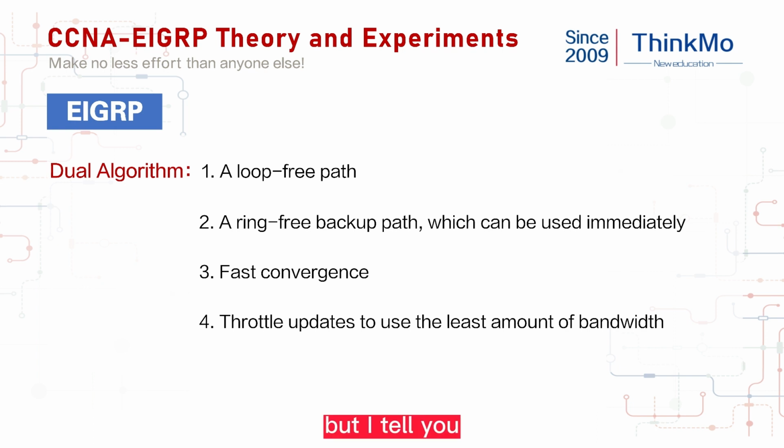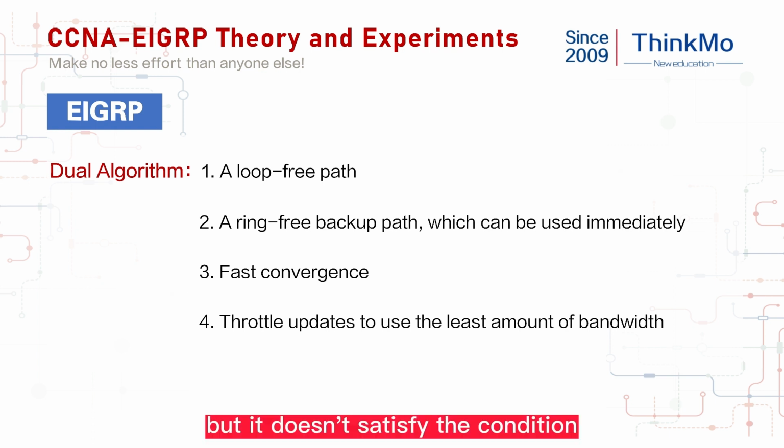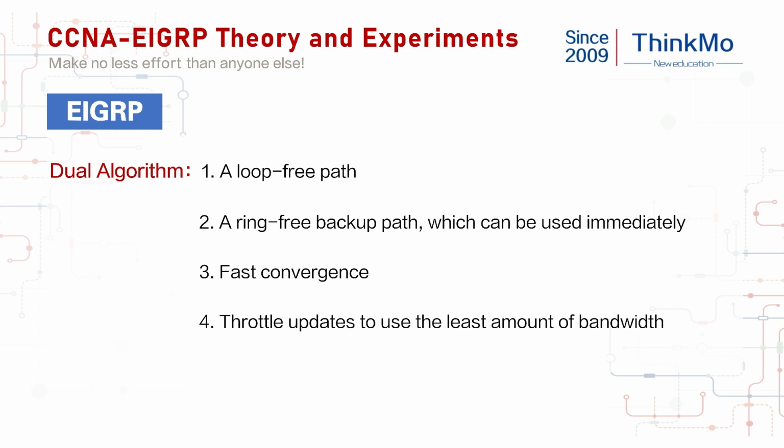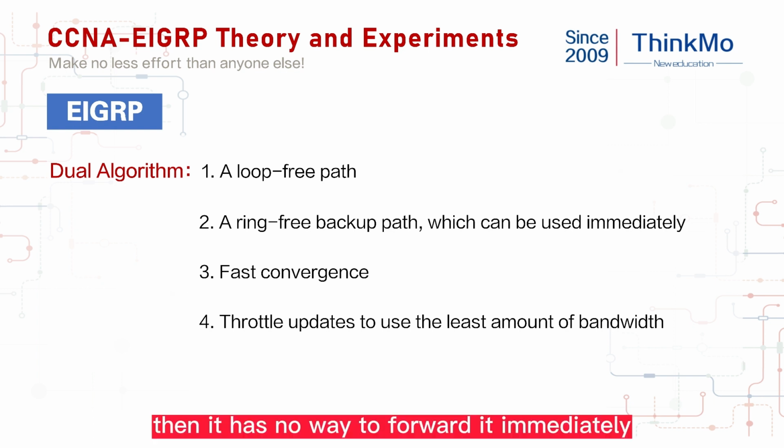But I tell you, if now there are 2 lines, this line is the main line. In the routing table, this route is a suboptimal route, but it doesn't satisfy the condition. If it is not in the backup topology table, then it has no way to forward immediately. It also requires a protocol mechanism.